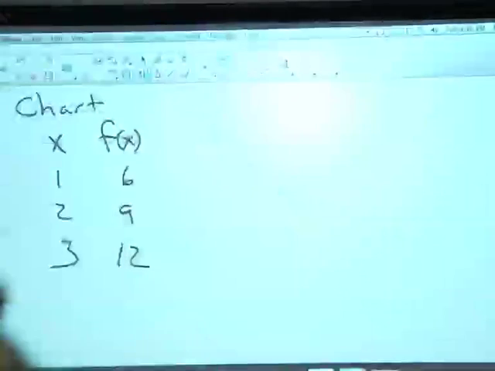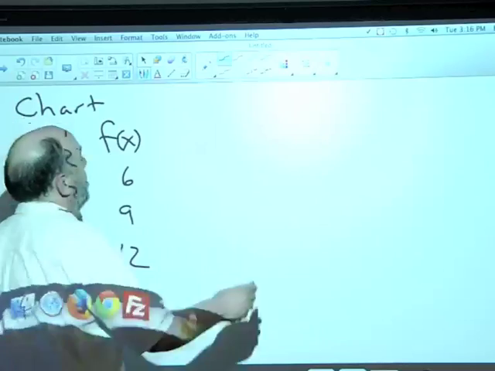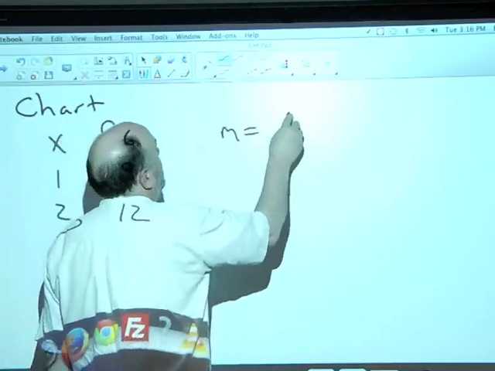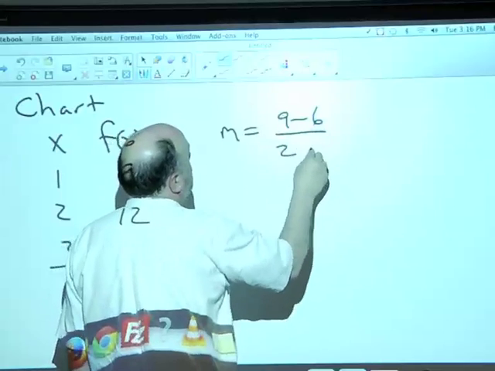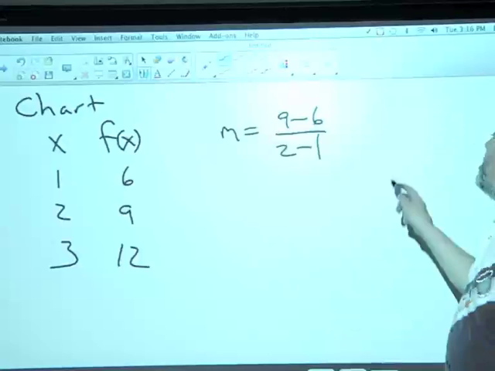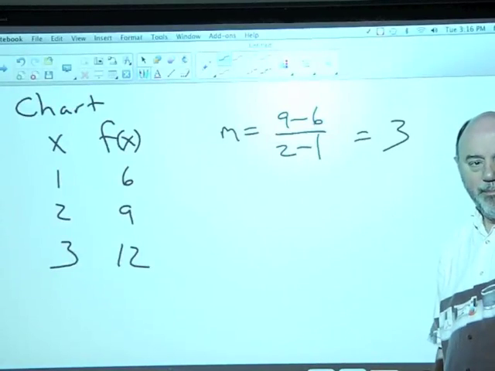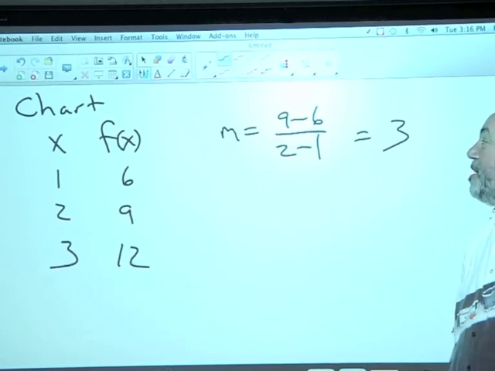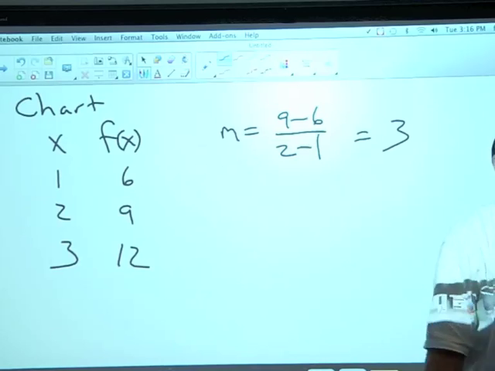Okay? So here, I can take the first 2 points and find my slope. M is going to be 9 minus 6 over 2 minus 1. Well, that comes out easily enough. That's 3. That's my slope. Pick a point. You've got 3 points there, you can pick whatever one you want.